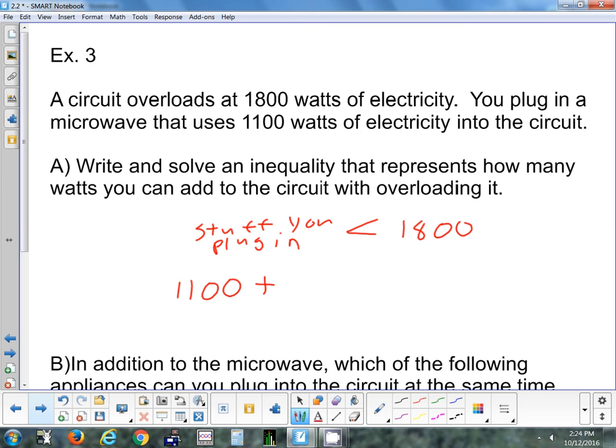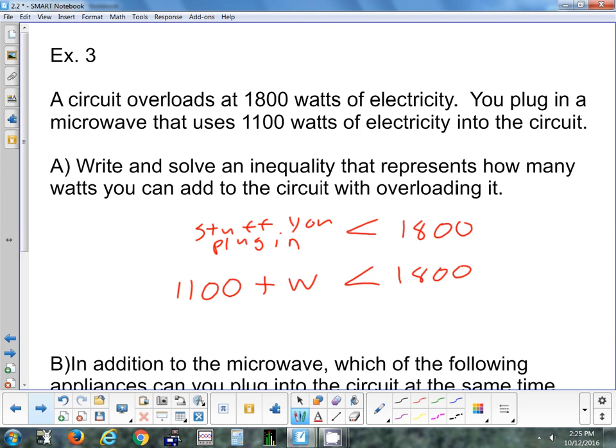And what could we use for a variable? W. Sure, any variable is fine. So whatever else we plug in, added to what we already have, has to be less than 1800 watts or the circuit is going to trip. Any questions on the inequality?